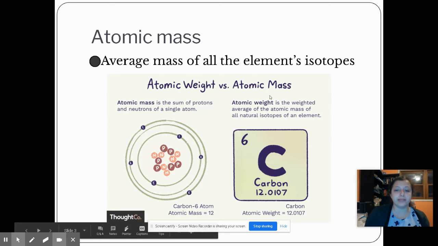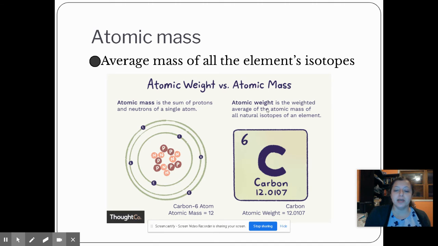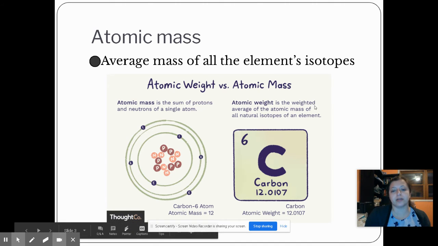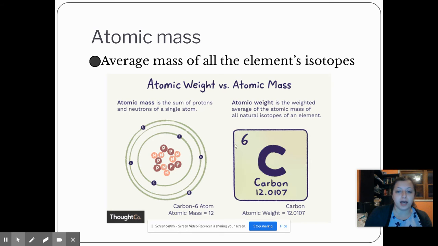Atomic weight is something a little bit different. It's the weight of all of the isotopes, and that's going to be on the bottom. Again, we're going to talk about that a little bit more. This is the number of protons, remember, that's the atomic number. Even though it's not labeled, you can still see how many protons there are: 6.